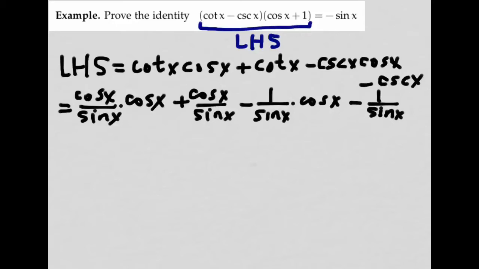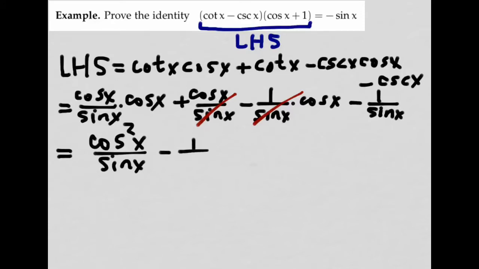Now note that cosine x over sine x minus 1 over sine x times cosine x add up to 0, so they cancel each other. And we have two fractions, cosine squared x over sine x minus 1 over sine x.